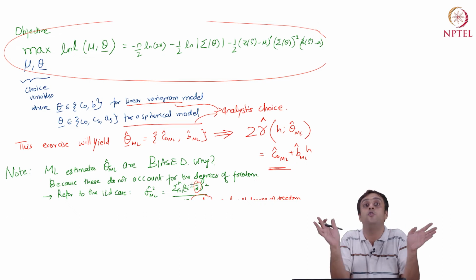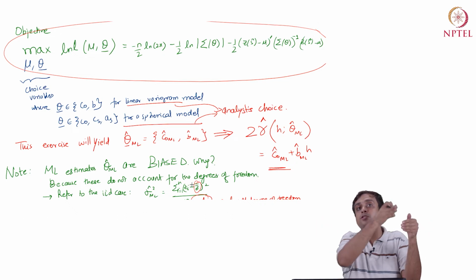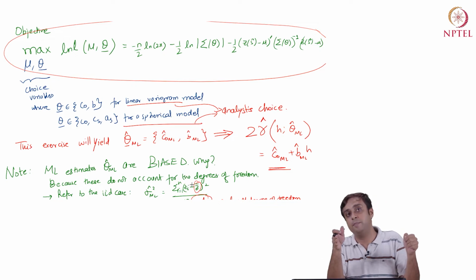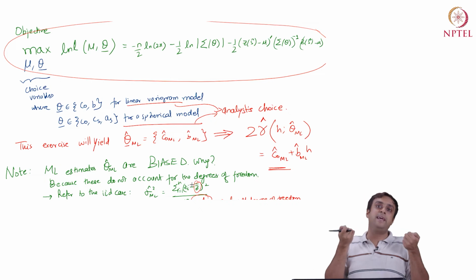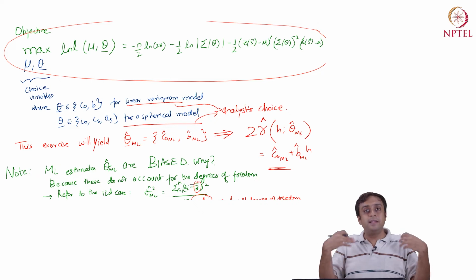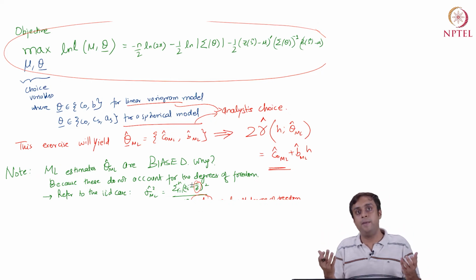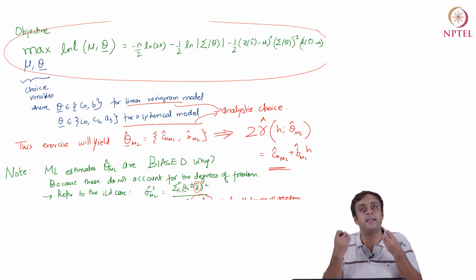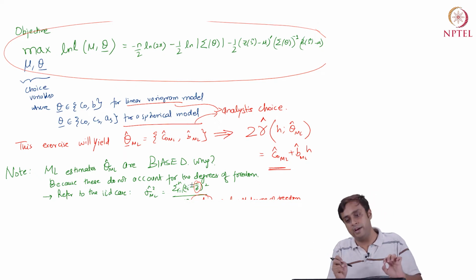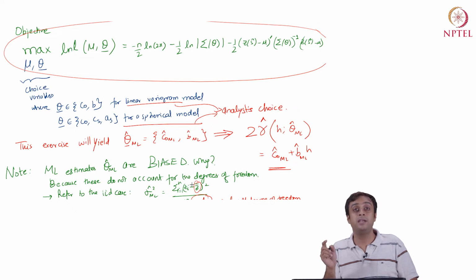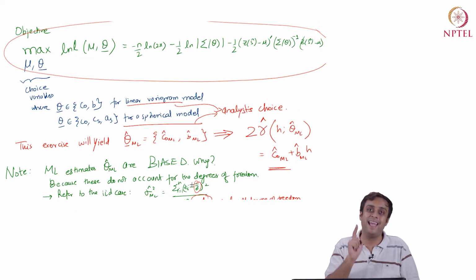Let us say I did not know zn, I only knew z1, z2 all the way till zn minus 1, and I also know z bar, I can back out zn. That means, in the definition of sigma hat squared ML, I am using the net variation of n minus 1 values given the knowledge of z bar, and hence in the denominator I should have had an n minus 1 and not n.